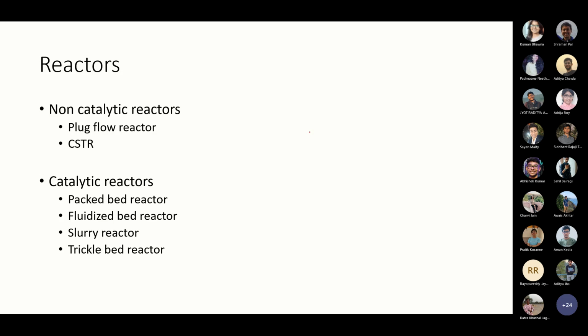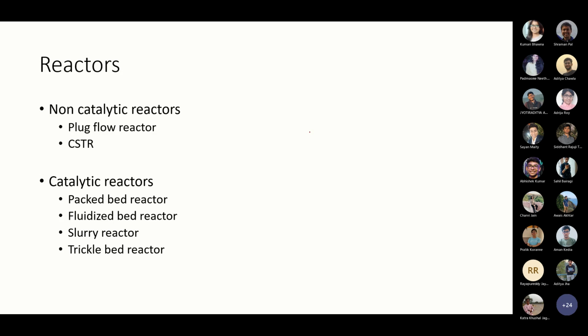So far we have seen unit operations. Another important part of chemical process industries is reactors, unit processes, where chemical conversion of one component to another component takes place. We have two types of reactors: catalytic reactors and non-catalytic reactors. Non-catalytic reactors are very simple, that is plug flow reactors and CSTR, continuously stirred tank reactors.